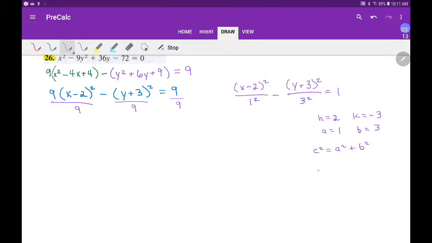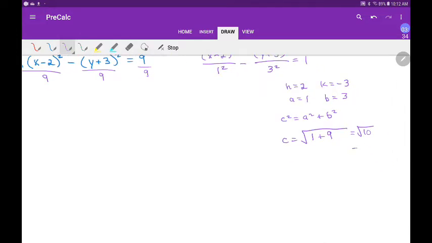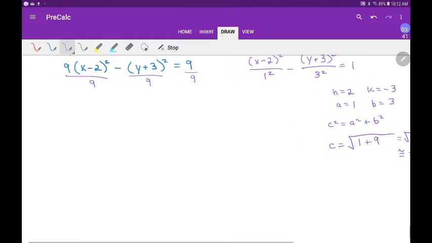And so c is going to equal the square root of a squared, which is 1, plus b squared, which is 9. So it's the square root of 10. The square root of 10 is about what, 3.1? Let me check that. It's a little closer to 3.2. So roughly speaking, 3.2.